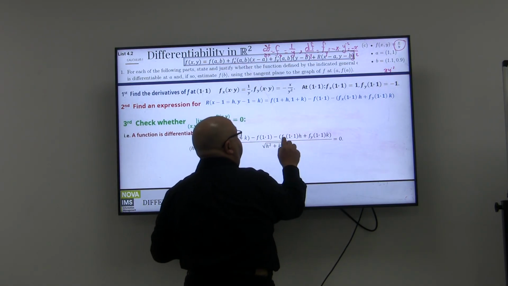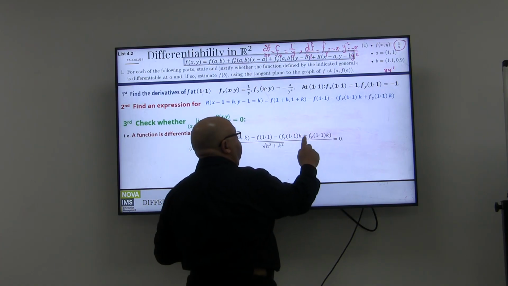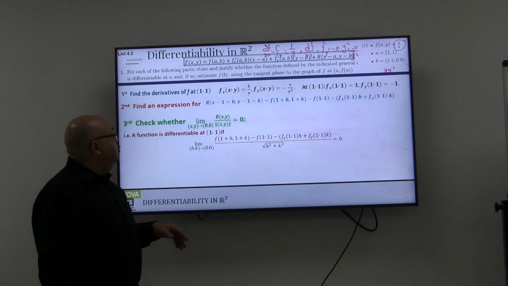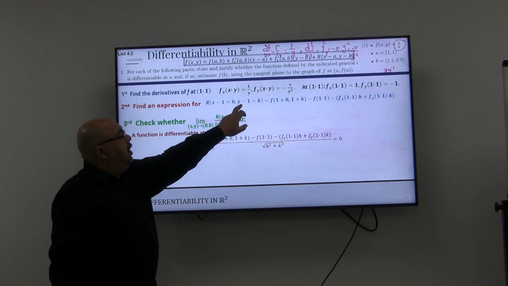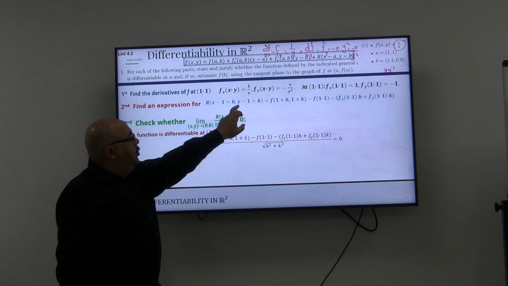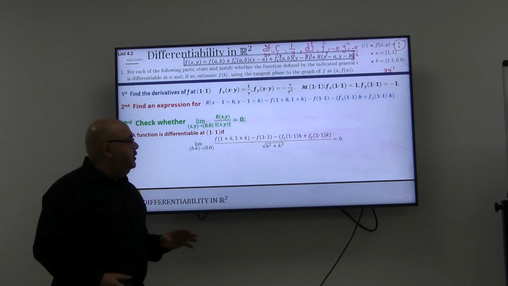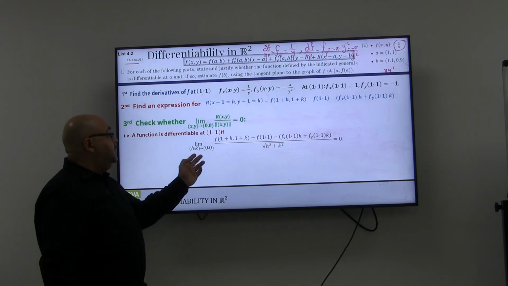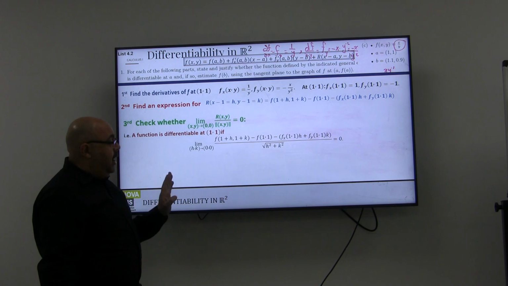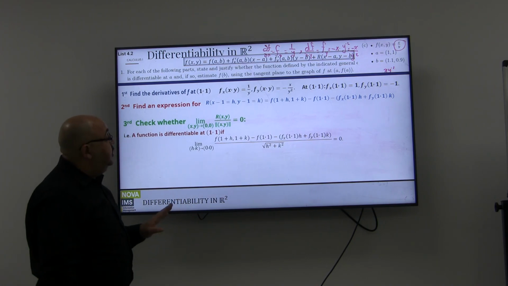Then I will multiply the first derivative, which I already have, times h, plus f sub y times k. Where h and k, as I told you, h is equal to x minus 1 and k is y minus 1, which are the neighborhoods of the point that we are dealing with. In this case, h and k will approach 0, and all I have to do is find the value of this function.